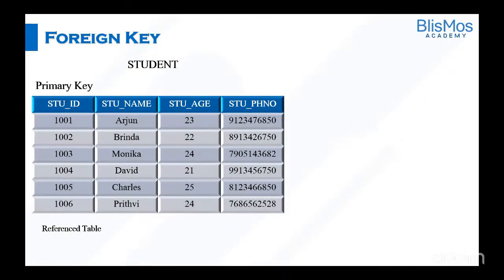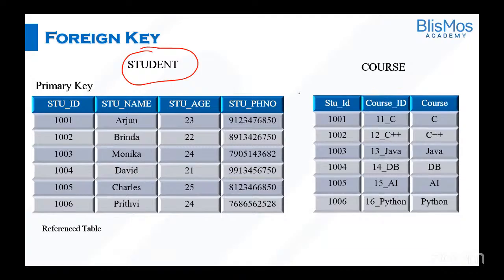Now, let us take an example here. We have a table called student, and also a table called course. Student has student ID, student name, age, and phone number. The course table has student ID and the course itself.